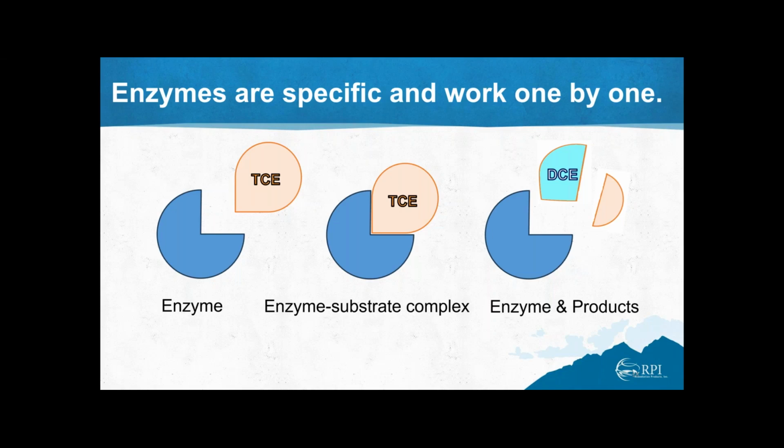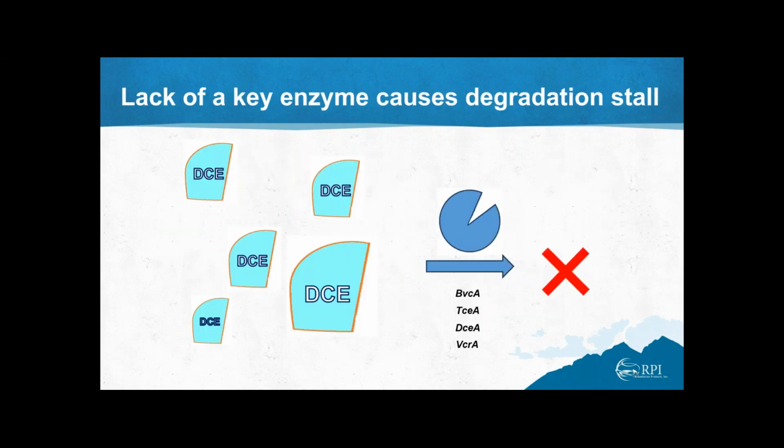Why is this important? Because if you have PCA, it can carry out all these reactions, yes, but if you lack a key enzyme, whatever it happens to be, and it will not carry you beyond DCE, what you will see is DCE build up. And that's a key component of where the daughter products come from: lacking a key component necessary to move you forward.